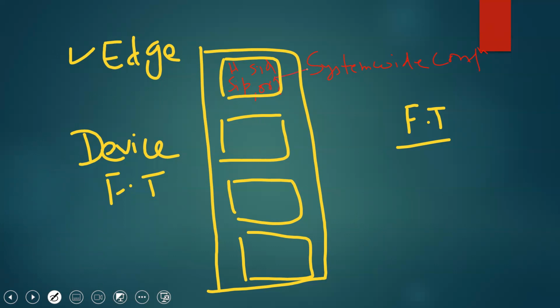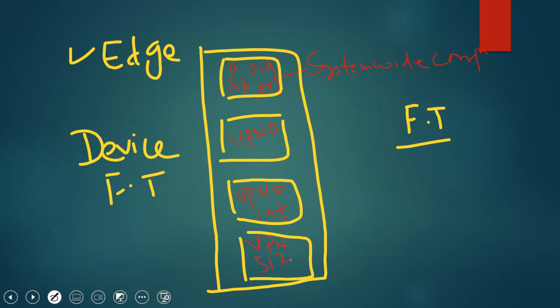So some configuration will be global to the box, and then you have VPN 0, and then VPN 0 interfaces. Likewise, you have VPN 512.